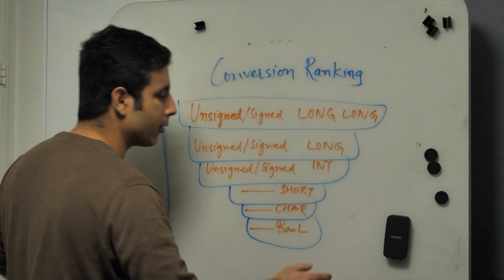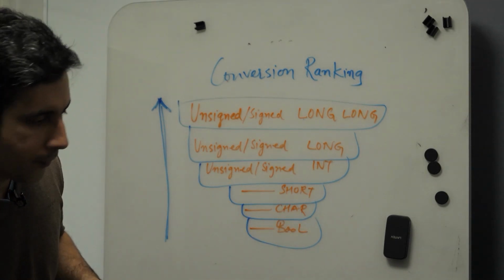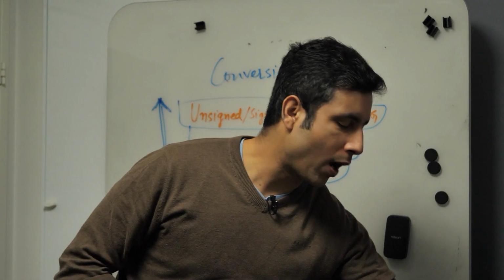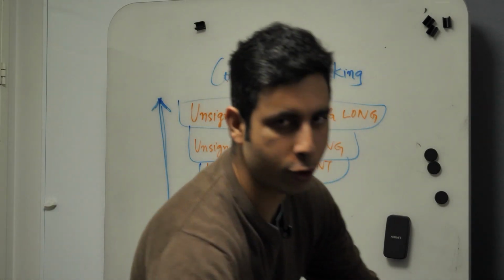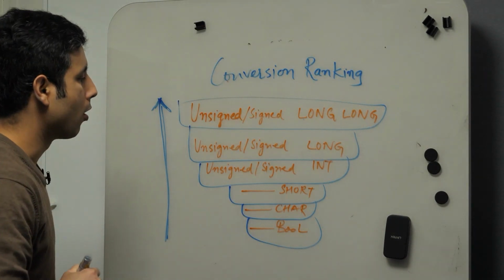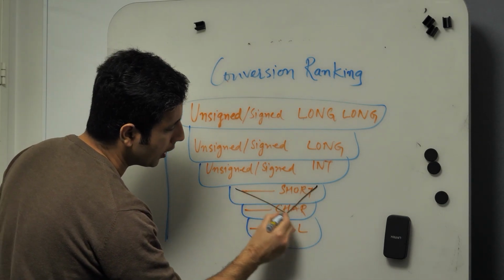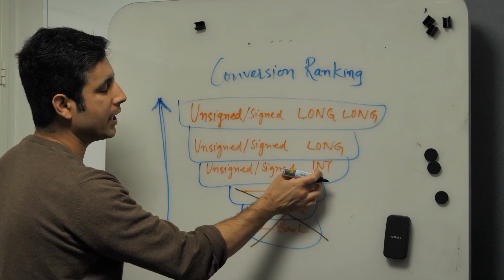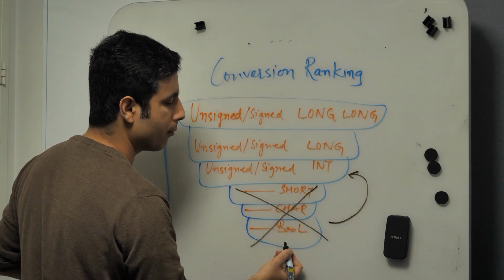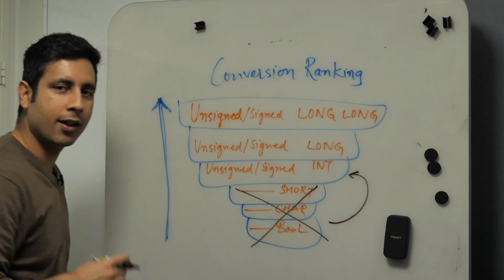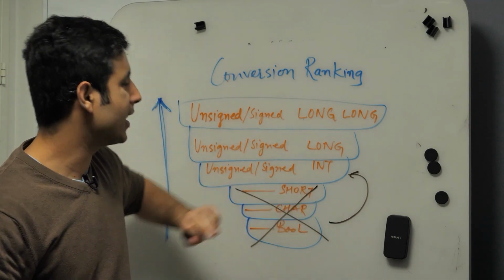Ideally, in an ideal world, you don't even need to remember the bottom three, because as we discussed a while back, integer promotion takes care of promoting all the types which are below integer to integer. So everything here, bool, char, short in an expression is first converted to signed integer.